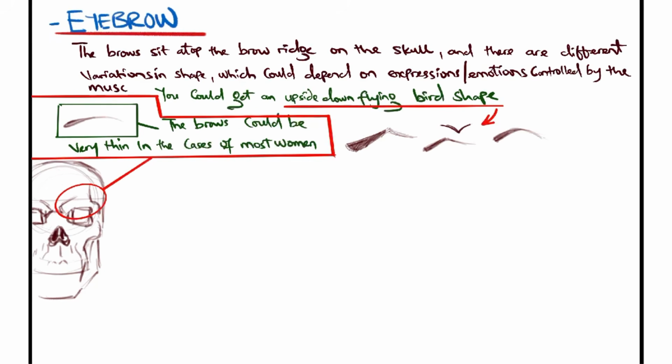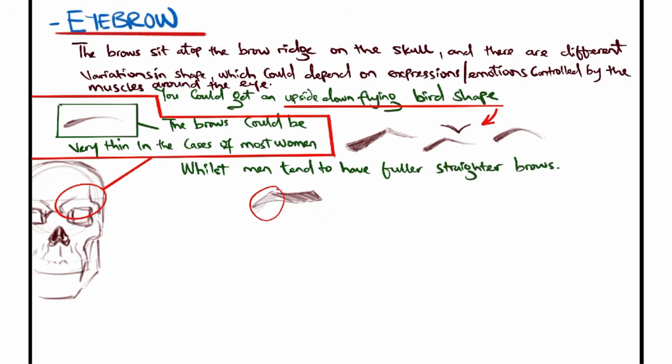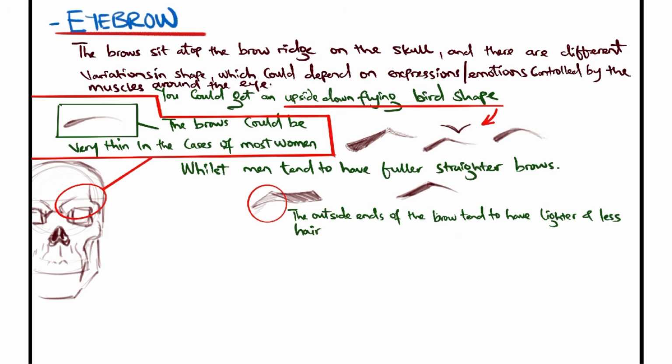So the eyebrows could be very thin, in the case of most women, whilst men tend to have fuller, straighter brows. Now, the outside ends of the brows usually tend to have lighter and less hair.